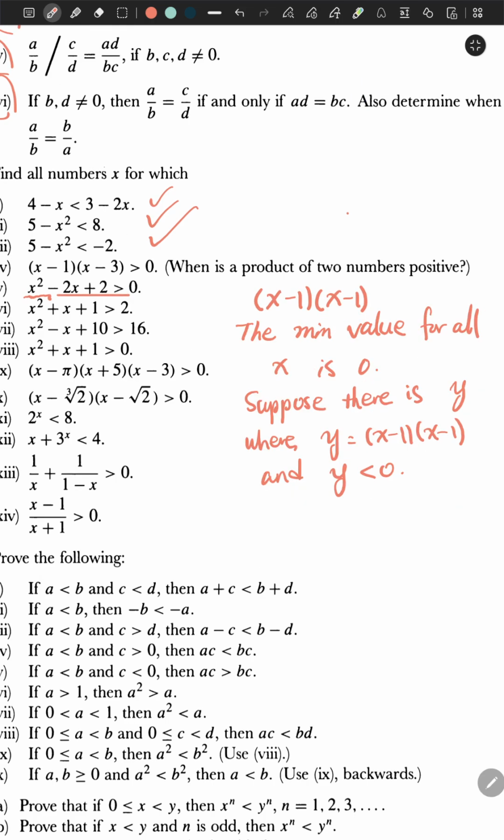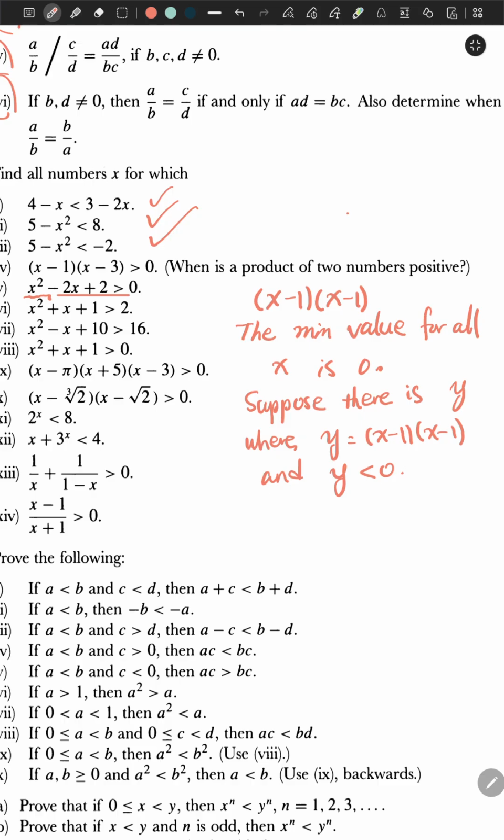Okay, let's do this. So by formality, let's prove (x minus 1) times (x minus 1), the minimum value for all x is 0, right? Suppose there is, let's use contradiction. Suppose there's y, where y equals (x minus 1) times (x minus 1), and y is less than 0.